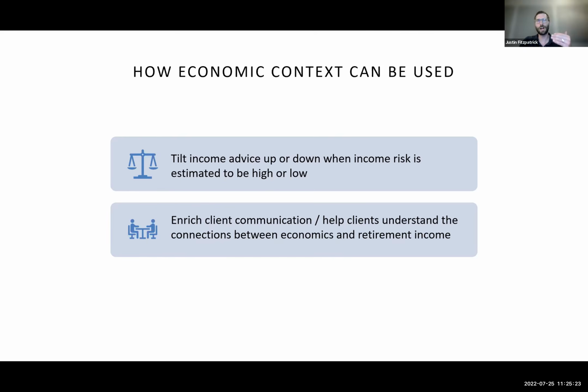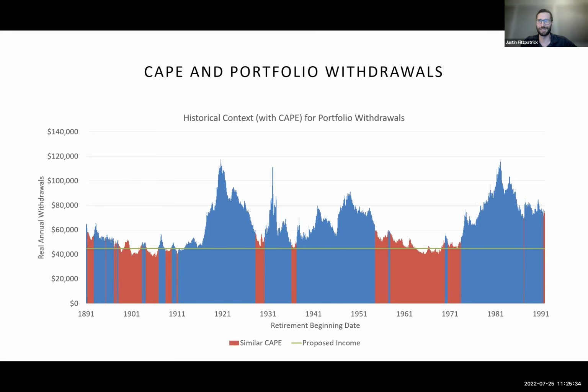So it's a little bit more concrete than just using kind of abstract statistical measures. For example, I would certainly not present clients R-squared numbers when talking about economic context.